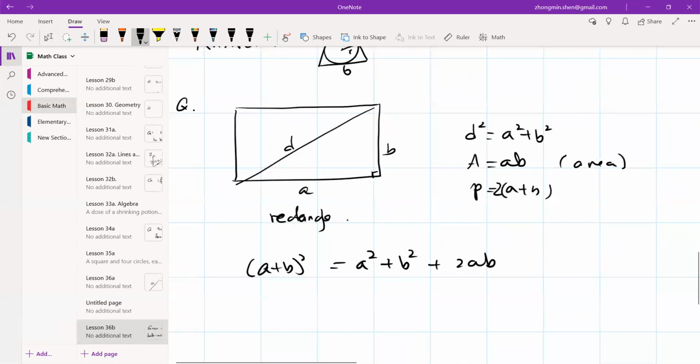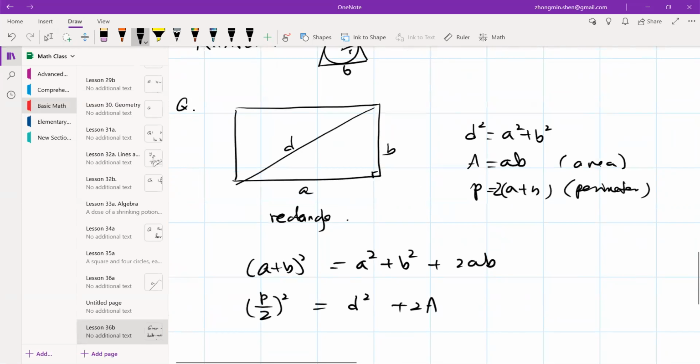So this will be half of the perimeter, A plus B, and this will be the square of the diagonal, and this will be the area.